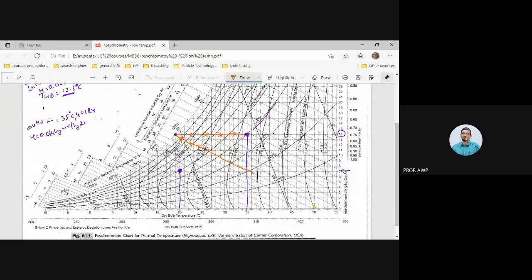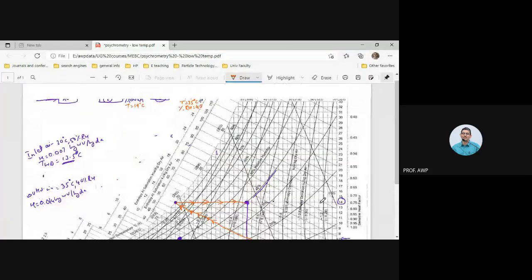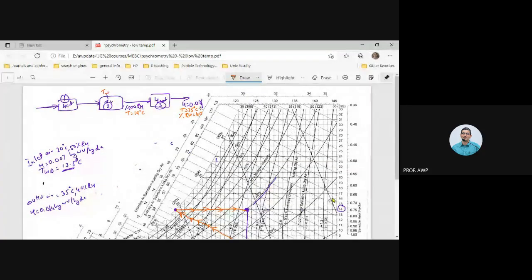To go in this direction, we spray water at the wet bulb temperature of 19 degrees centigrade, and this incoming air will also be at 19 degrees centigrade wet bulb temperature.